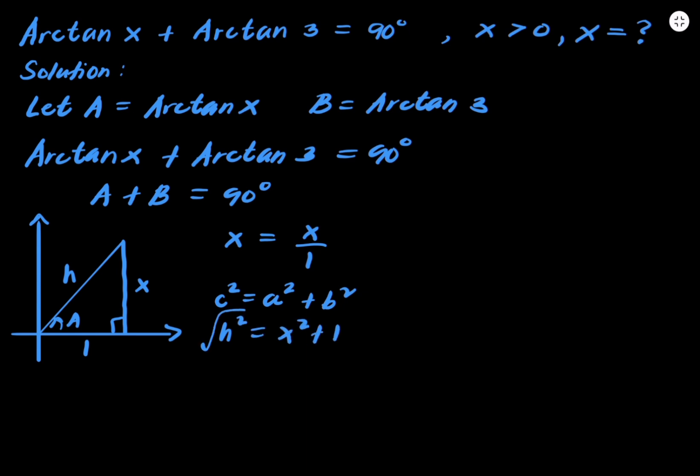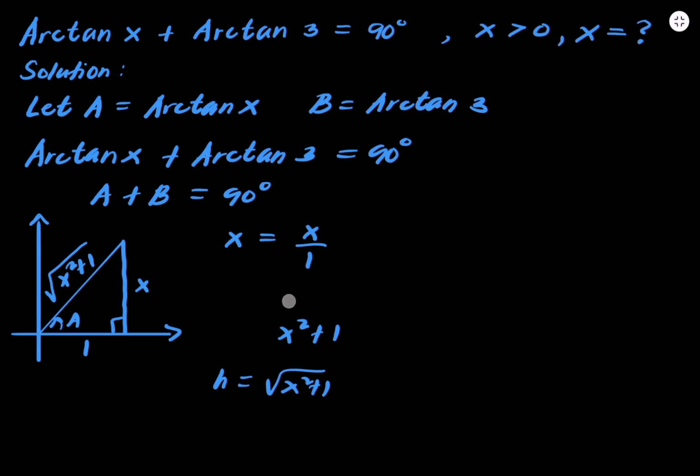So extracting the roots, we have h equals the root of x squared plus 1. Now, let us draw the reference triangle for angle B.